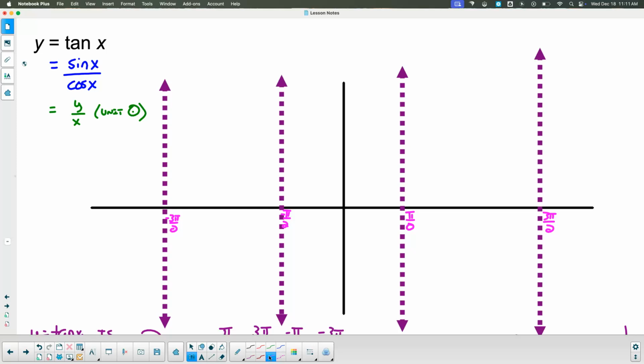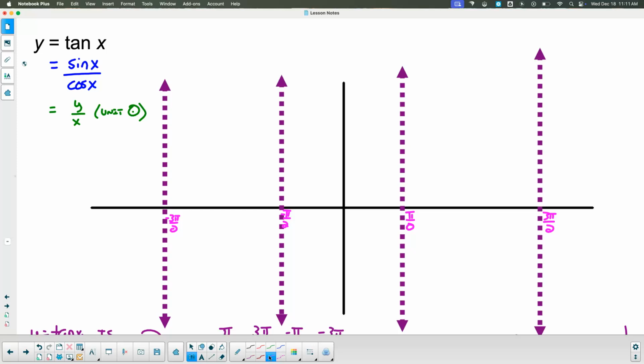So if we can't cross over those vertical asymptotes, that means a tangent function has sections. It's not continuous. The domain has restrictions in it going forward. Okay. All right.